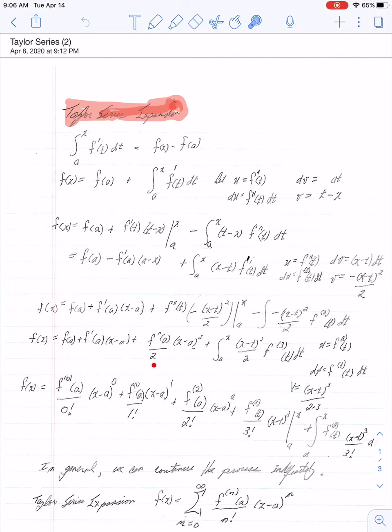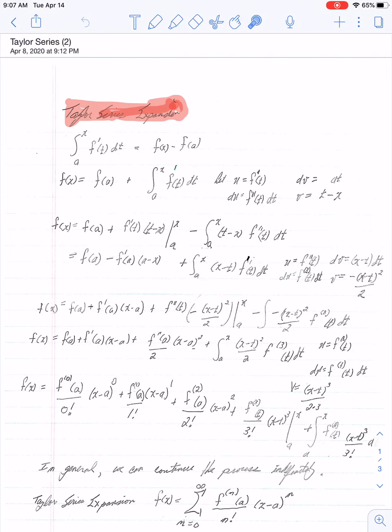The next one is f upper 2 of a, (x minus a) squared over 2 factorial. Do you see a pattern? The next one, when I clean this up, is going to be f upper 3 of a, (x minus a) cubed over 3 factorial. That's after I plug all this stuff in.